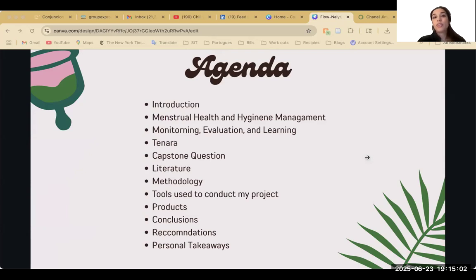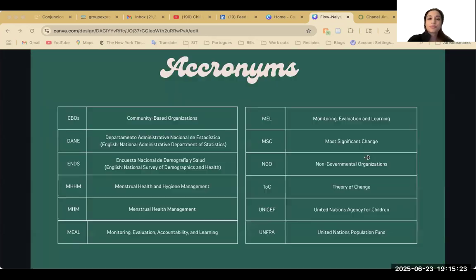I won't be talking about all the literature because there is a lot that I went through. And the methodology, the tools that I used to conduct my project, the products that came out of the tools, the conclusions that I drew, the recommendations that I made, and just some personal takeaways.